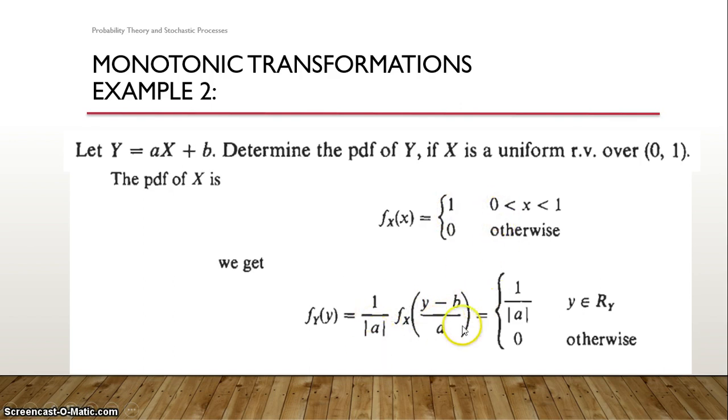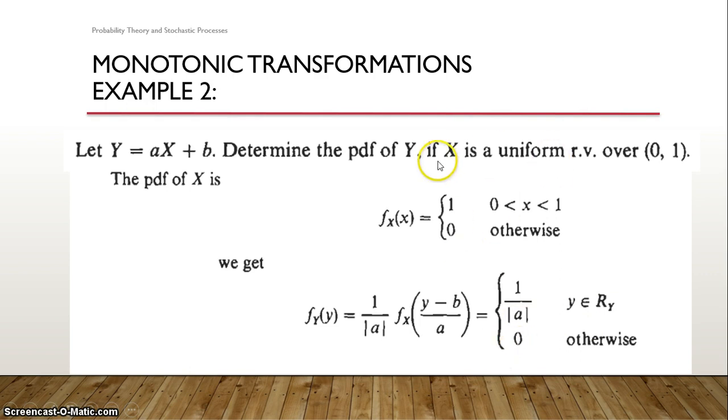What happens to y? For the range also, wherever you have x, you have to transform that into y. So x is equal to y minus b by a, where a is 0 and b is 1. So over that range on the real line, it is equal to 1 by modulus of a, otherwise it is equal to 0.